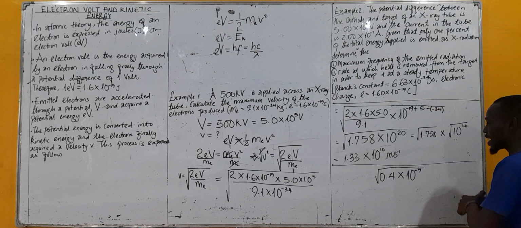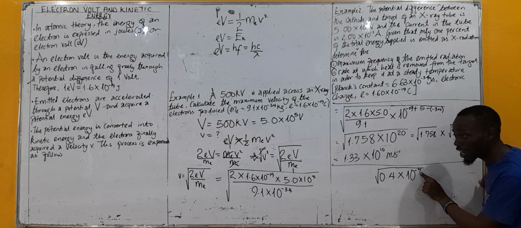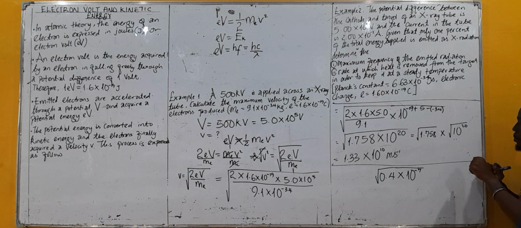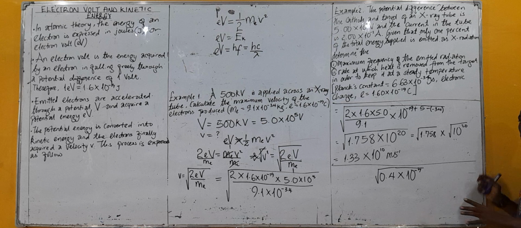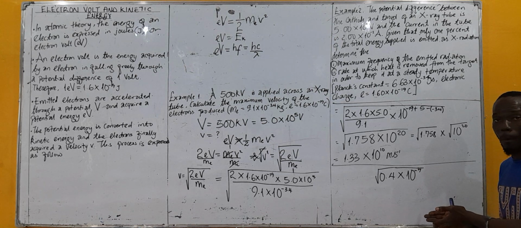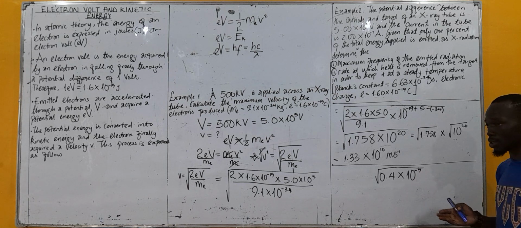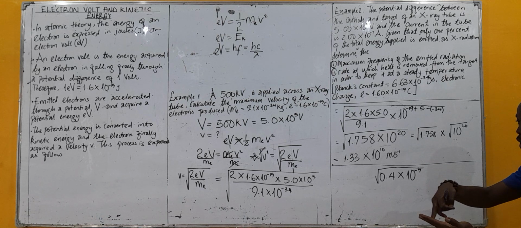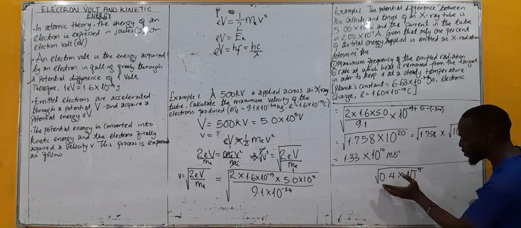Now, the idea of using this is that the value here must be an even number, not an odd number. Why? Because the square root is the same thing as to the power of 1 over 2. So we want a value that will be divisible by 2. And 7 is not. Values that will be divisible by 2 in this range will be minus 6 or minus 8.